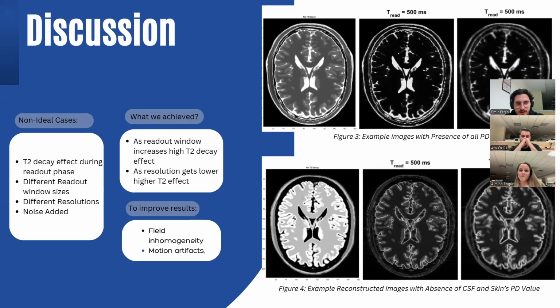We saw that as the readout window increases, the effect of T2 decay is more significant, and lower resolutions also cause higher T2 effects. To improve the results, we could further add field inhomogeneity and motion artifacts to make it even more realistic.